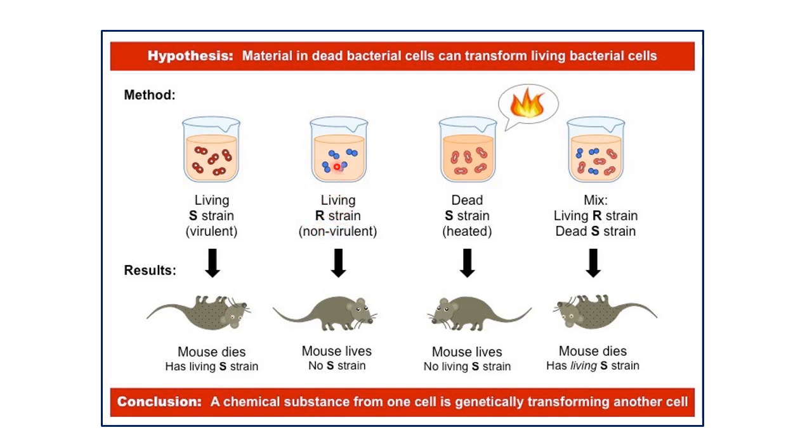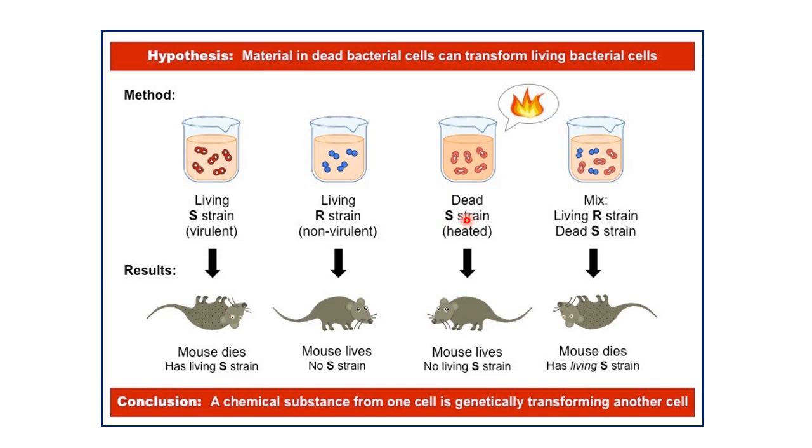The other experiment is the living R strain, and as we know the R strain is non-virulent, and when these living R strain cells are injected in the body of the mouse, there is no disease and the mouse continues living. Now the third experiment is where the S strain is heat killed.